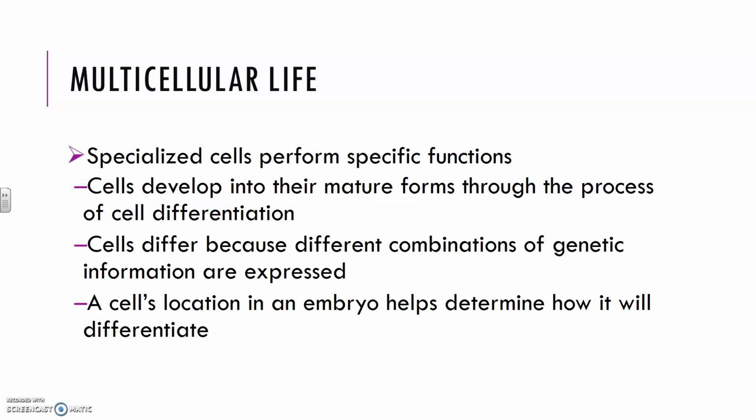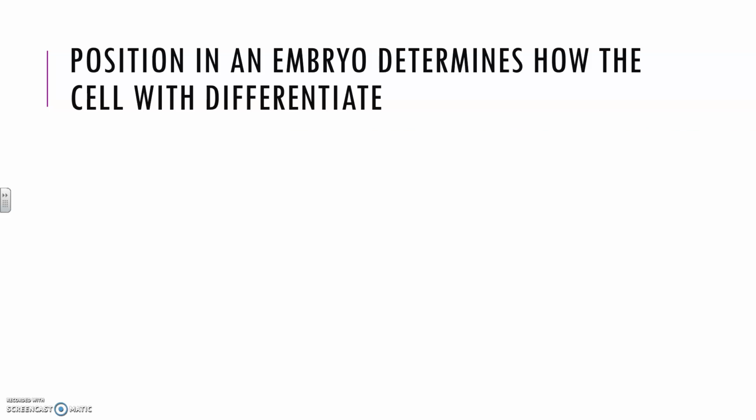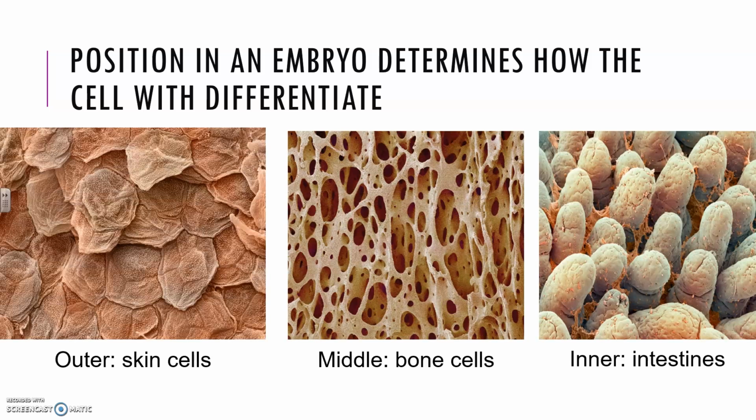So a cell's location in an embryo as the cells are dividing actually helps to determine how that cell will differentiate. We're going to talk about a couple of examples here. First up, if the cells are on the outside of the embryo, they will differentiate into skin cells. That makes sense if you think about it: what's on the outside of your body? Your skin. Then the ones found in the middle, inside of the outer layer, are going to form into your bones.